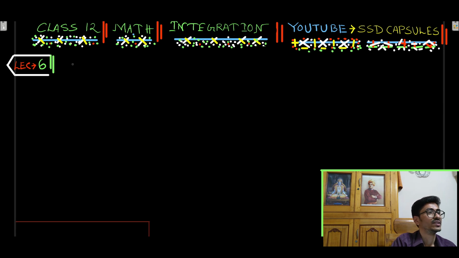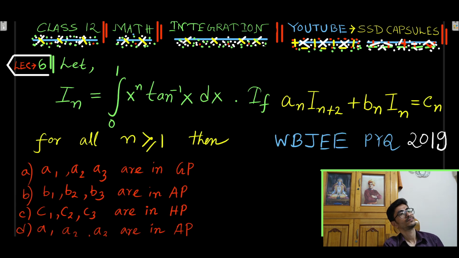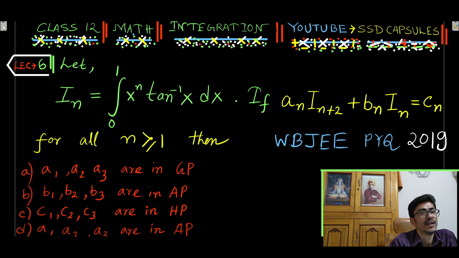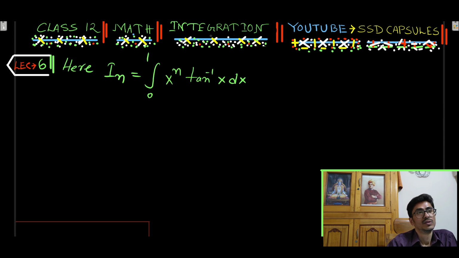Next page. Here I_n equals the integral from 0 to 1 of x to the power n tan inverse x dx. So here we know this formula.